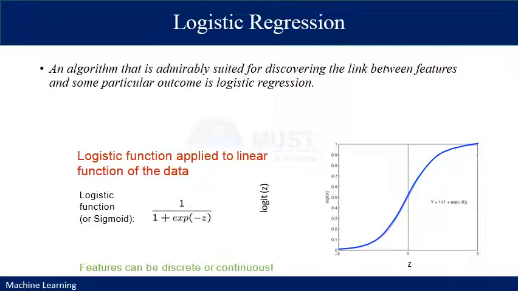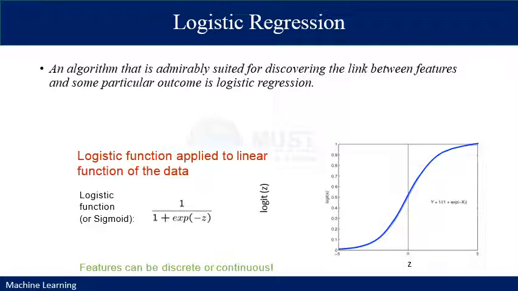At this point, I think we have discussed considerably the distinction between the discriminative and generative approaches to classification. However, to further clarify the concept, we use another discriminative model, which is logistic regression. Logistic regression is an algorithm that is admirably suited for discovering the links between features and some particular outcome.